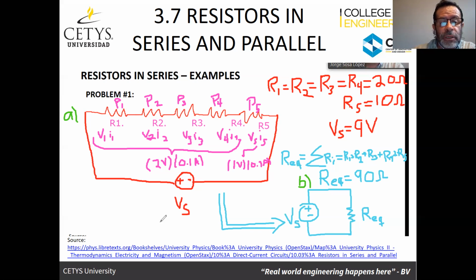And the power of the power source is going to be the 9 volts multiplied by, in this case, the total current. The power of the power source is the voltage source times the total current.